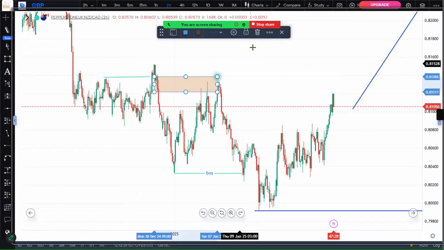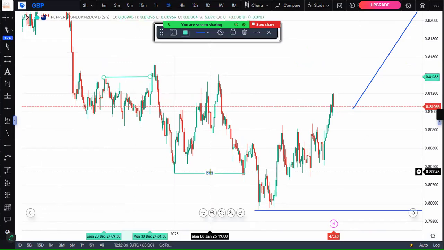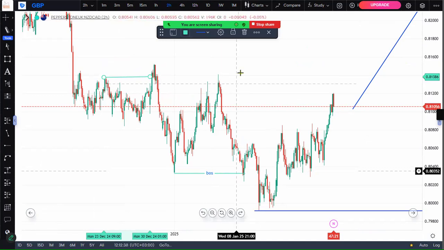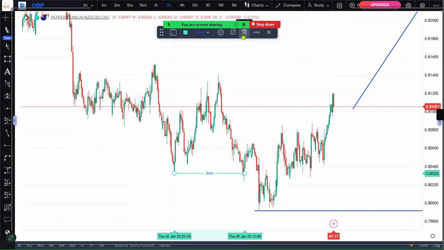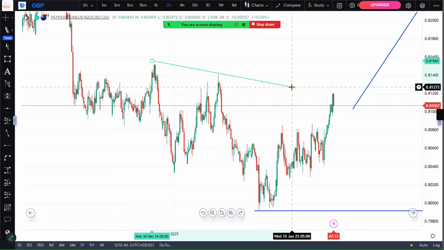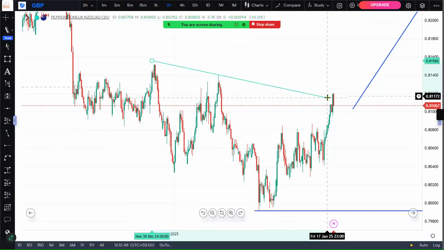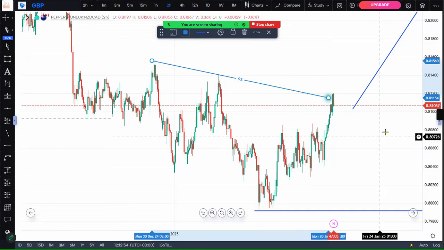Let me remove this and show you something. These areas to me are liquidity traps. I'm not comfortable. If you trade here, you can really trade here, but I find it difficult because we can see a supply zone and everything.